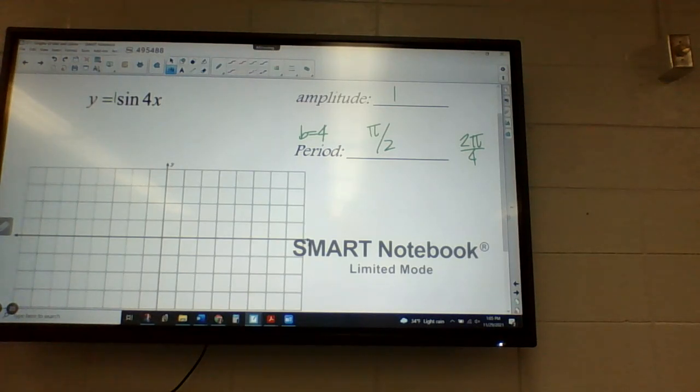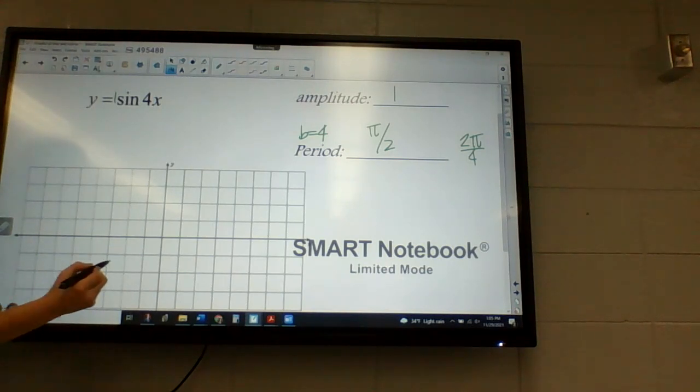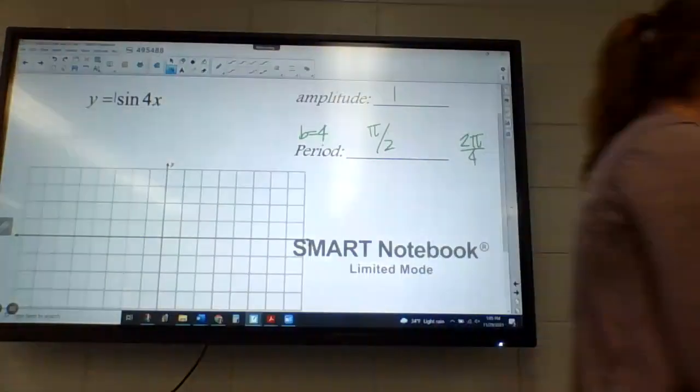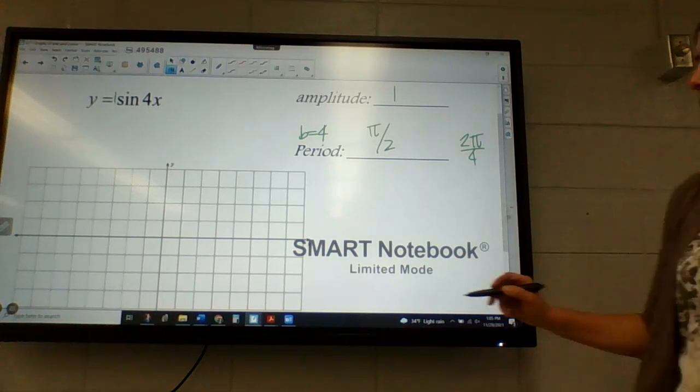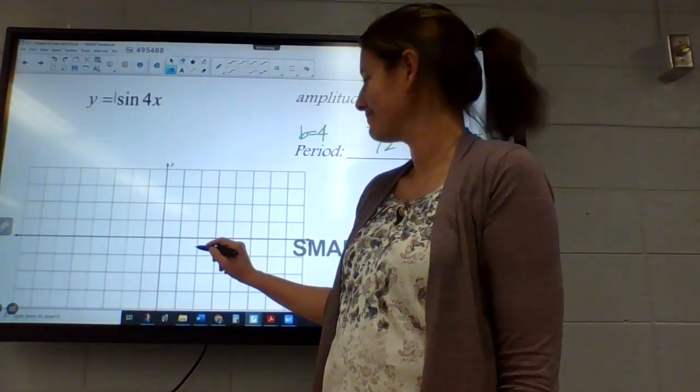All right. So what did you guys do as your spacing? I'm assuming you didn't do the pi over 2, like you didn't do the same spacing as our cosine. What did you do as your spacing? Did you do it similar to the first sine graphs we did? You can't even see my graph because I wrote it so late.